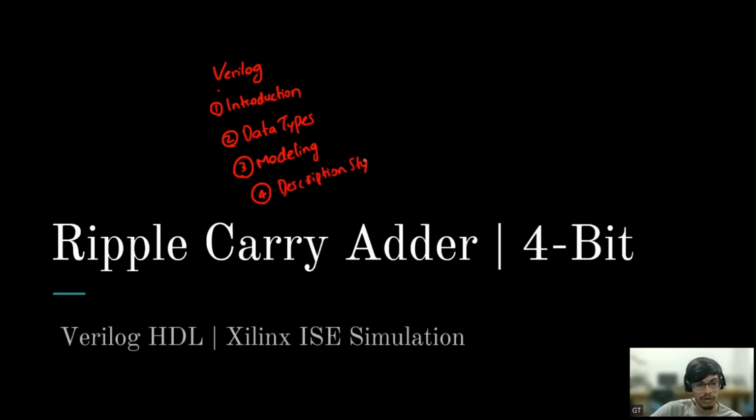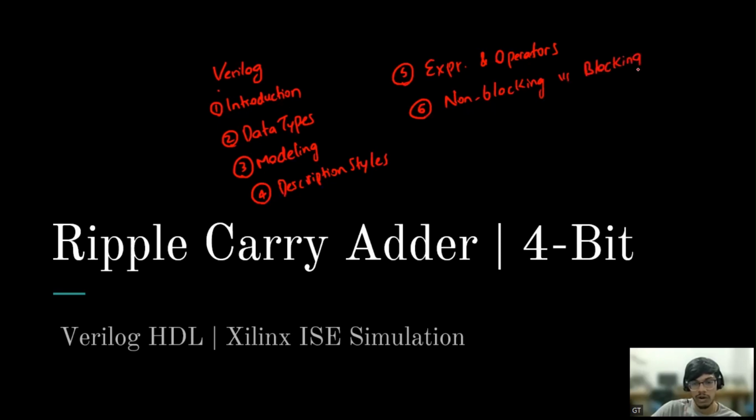We have also discussed expressions and operators, and then different procedural statements: non-blocking versus blocking. This is a summary of the Verilog that we are going to use in this semester, and it is sufficient for this course. In the end, we have discussed event-based, asynchronous or synchronous, so different types of events.